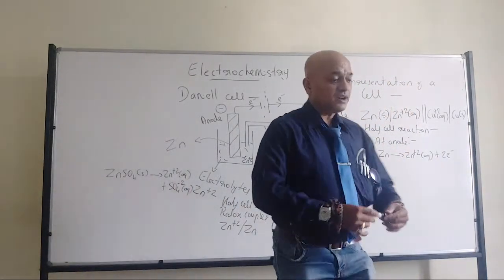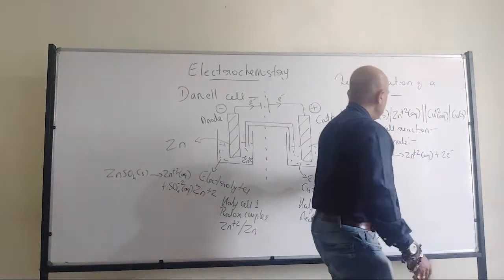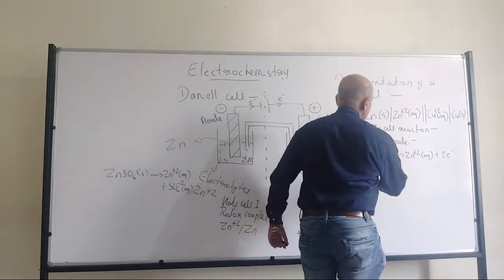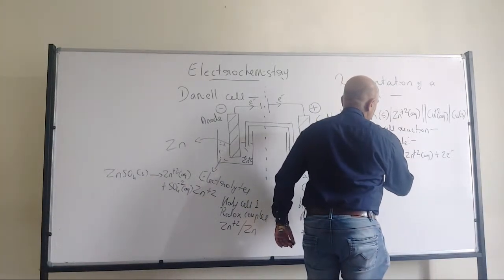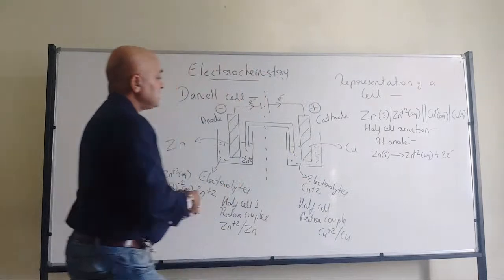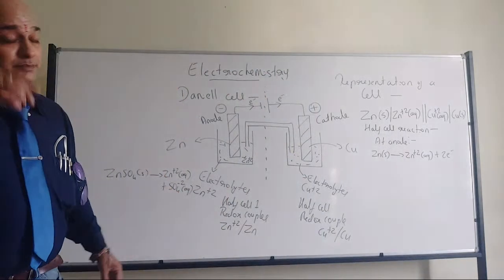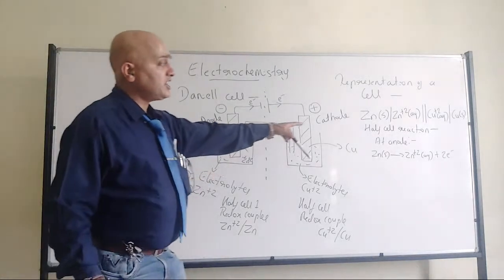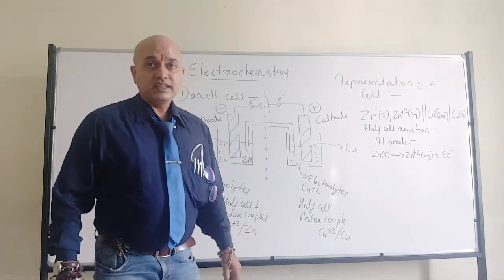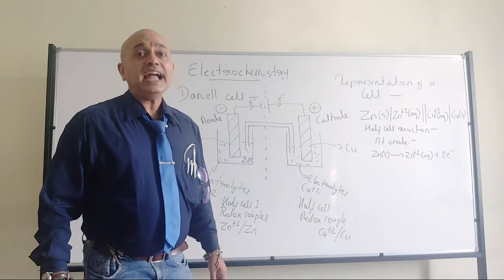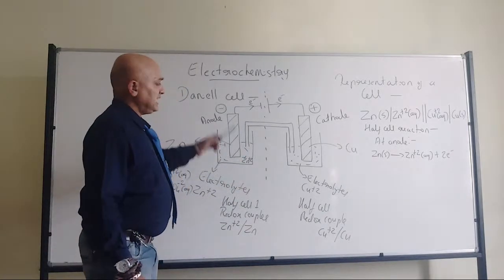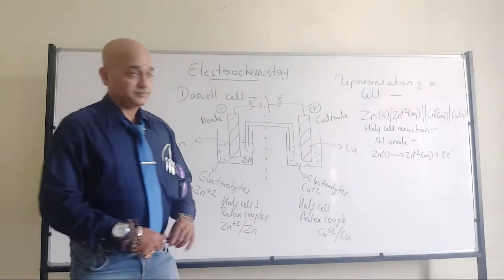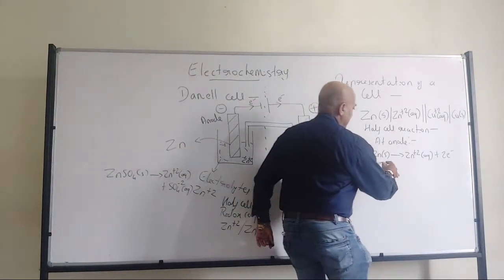That means a zinc electrode, where zinc is donating the electron and becoming zinc ion. That's where electron has been generated at anode. Therefore, we will assume it as negative. That is the reason.